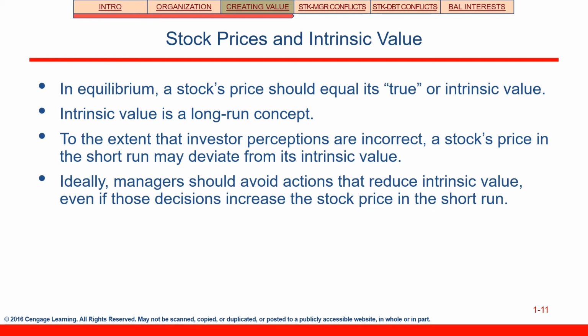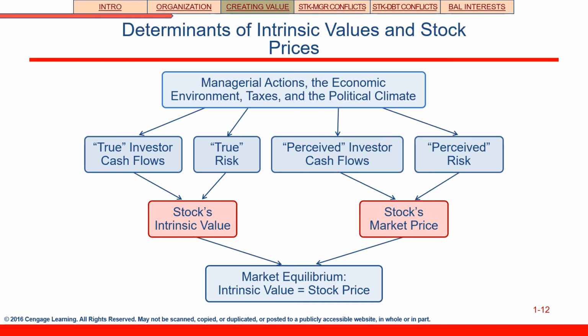Okay, so let's look at the determinants of the intrinsic value and the stock price. So we have these determinants: the managerial actions, the economic environment, the taxes, and the political climate will affect the intrinsic value and the stock price of a certain corporation.